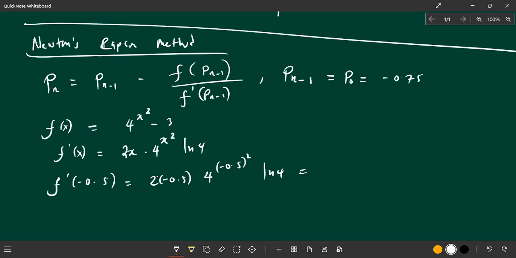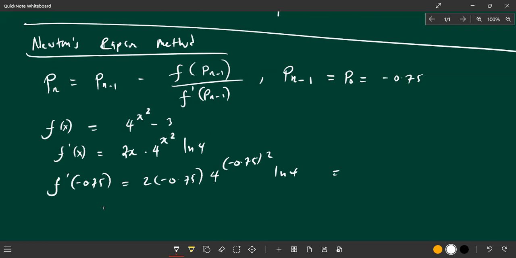Let me punch that into the calculator. I don't know why I keep saying negative 0.5, this is negative 0.75. Sorry for this.